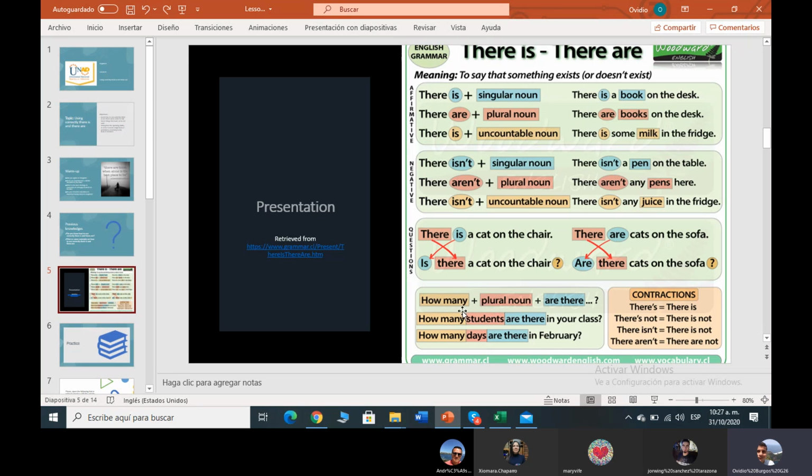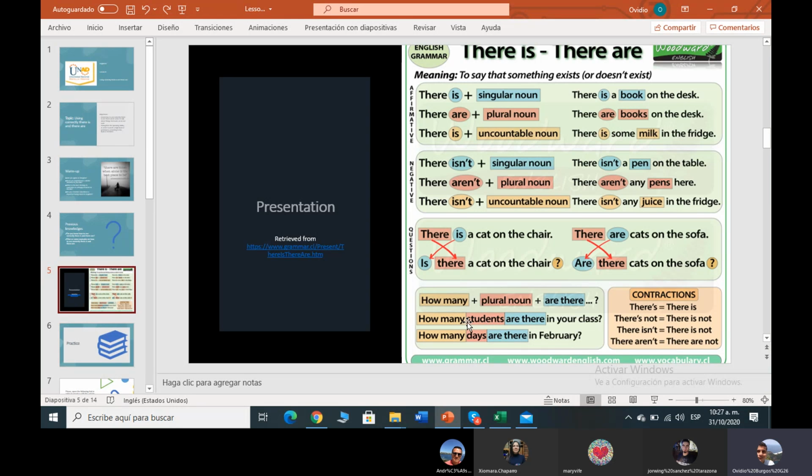In this case, the structure is different because if you want to ask a question with how many, the first part is how many plus plural noun plus finally the verb and there, okay? For example, how many students are there?